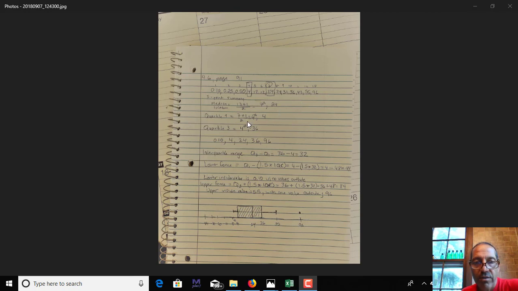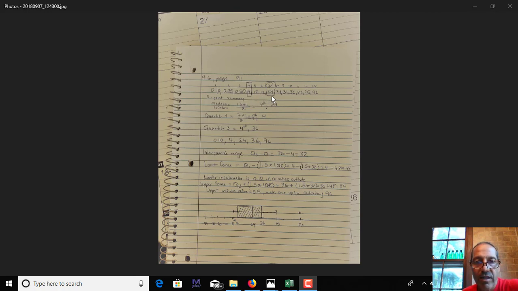Okay? So we do the same in calculating the median of the lower half. The median of the lower half is, because we have 7 values there now, plus 1 equals 8 divided by 2 is 4. So it's the 4th value in this array: 1, 2, 3, 4. And the value there is 4.